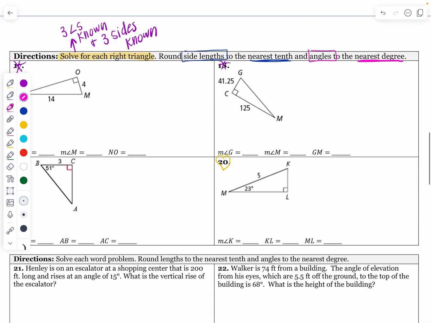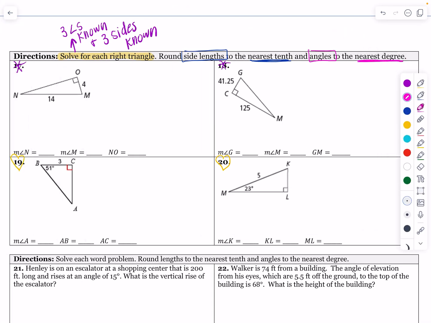Let's see if I can zoom it. Move this. So number 17, we are given two side lengths. And the easiest thing to do is to start by finding that third side length. We have a theorem called Pythagorean theorem that allows you to find missing pieces of right triangles when you have 2 out of 3. And it's a squared plus b squared equals c squared. So what am I missing here?